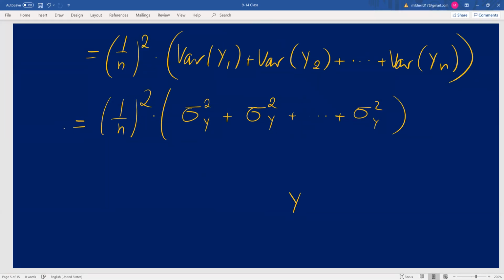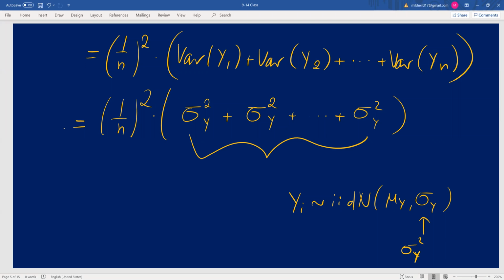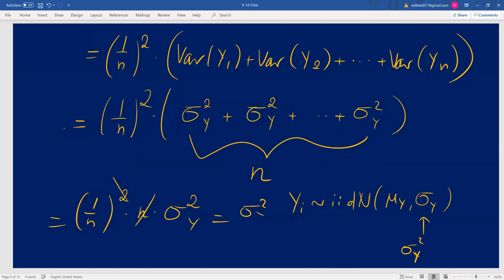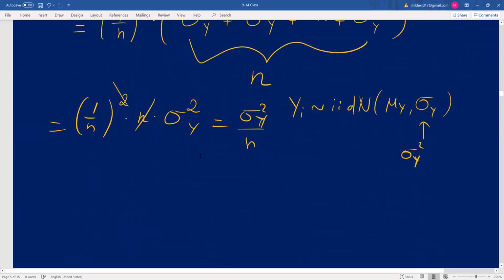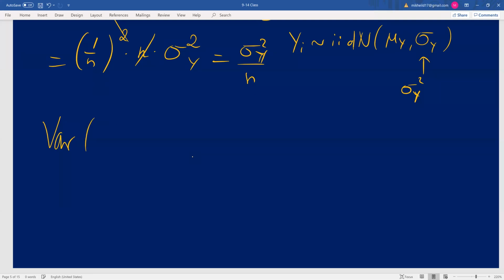Because remember our assumption that yi is IID normal with mean mu of y and standard deviation sigma of y, which means that the variance of yi is sigma squared of y. So how many sigma squared of y do we have here? N. So then we have 1 over n squared times n times sigma squared of y. This n will cancel, and then you will have sigma squared of y divided by n. So the variance of y bar we obtained equals sigma squared of y divided by n.